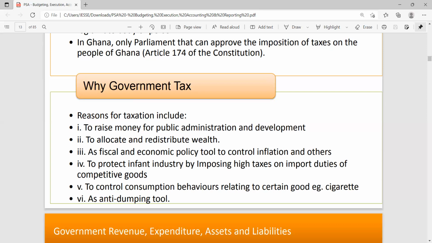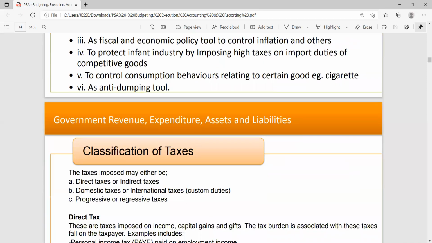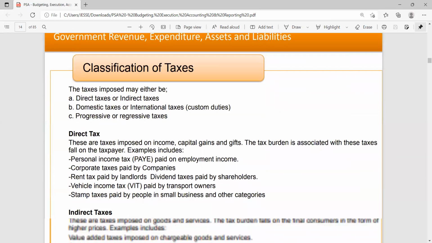And the intention of charging low is to get people to switch onto your product, and it can hurt the local industry. So what government does is to intervene by using taxation as an anti-dumping tool. It's an anti-dumping tool. Very, very key.